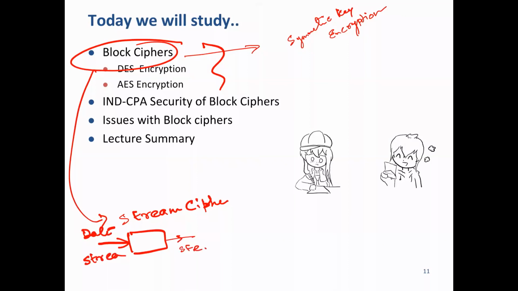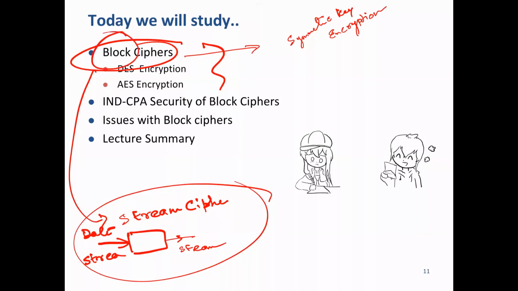We'll not look at this because we'll go into more complex things like block ciphers. Block ciphers are used on a block of data. That's the reason this block comes into the picture. So you have a file, convert it into a number of blocks of certain size and use encryption on that.